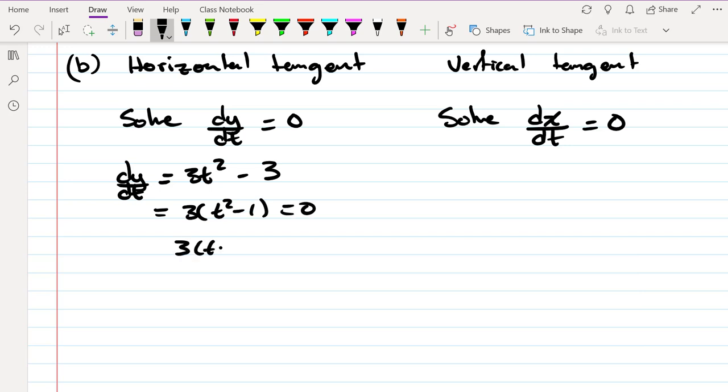Then we get 3 times (t minus 1) times (t plus 1) equals 0. So that's going to have our solutions t equals -1 or t equals 1. So our curve is going to have a horizontal tangent line at t equals 1 or t equals -1.